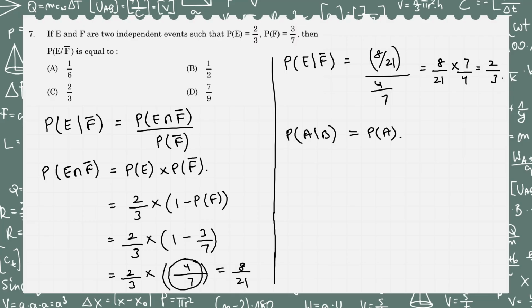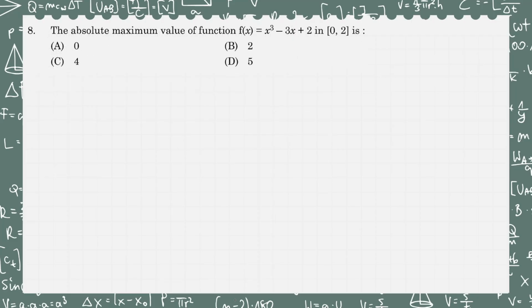When E and F are independent events, then E and F bar are also independent events. So, P of E given F bar will be simply P of E, and P of E is 2 by 3. By calculation also we got the same answer. So, we don't need to waste this much time, right? So, correct answer is option C. Let's go to the next sum.